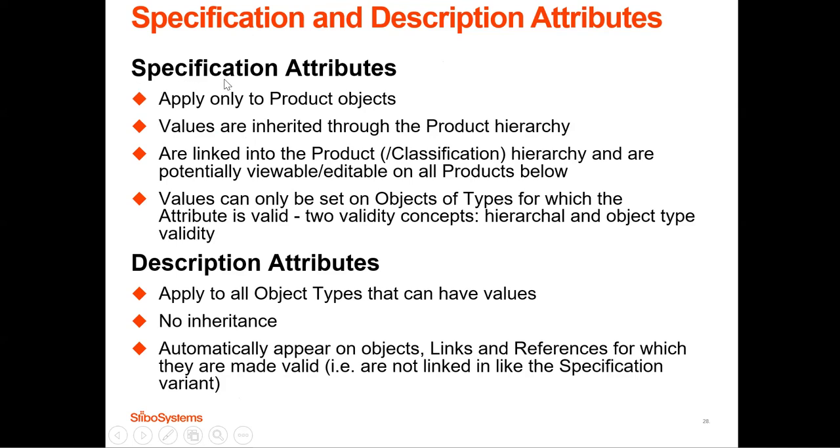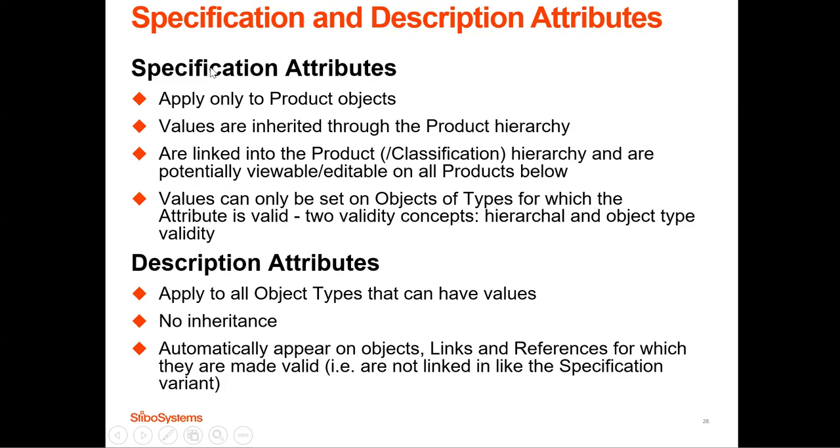Specification attributes support inheritance, meaning the child objects can retrieve the information from the parent. And in description attributes, no such inheritance can occur. I'll show you in detail while creating an attribute, all the differences in practical, how exactly the specification and description attributes work.